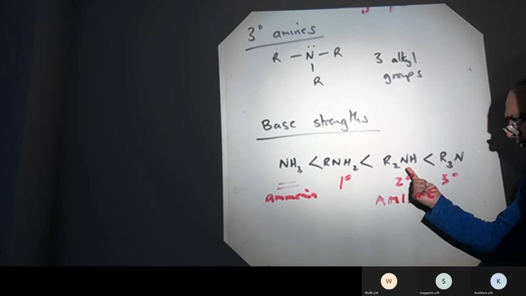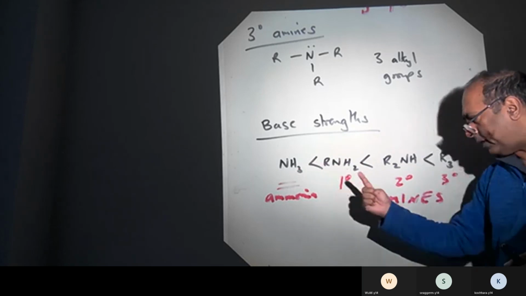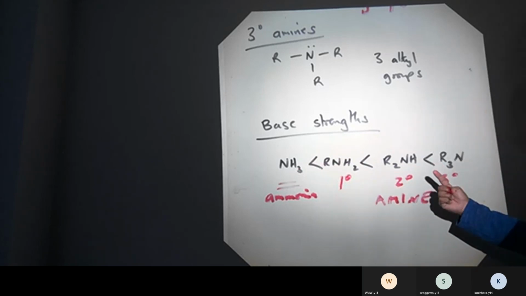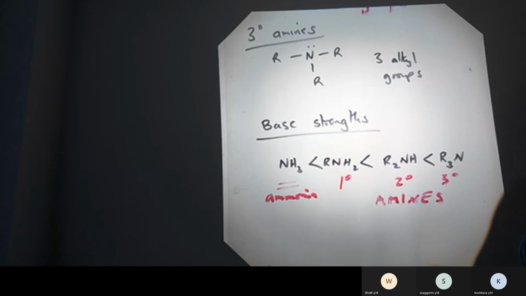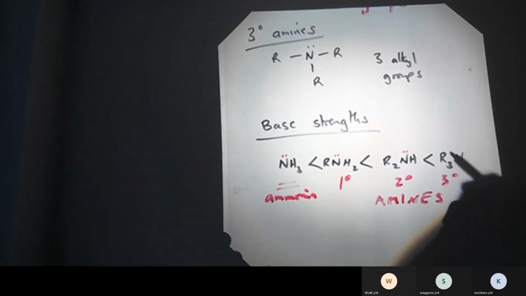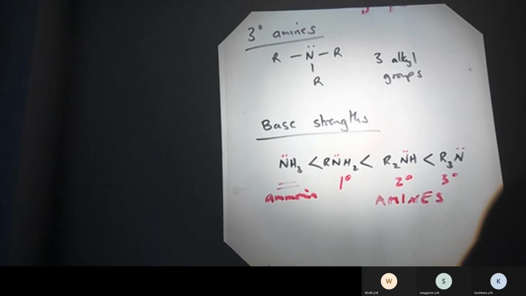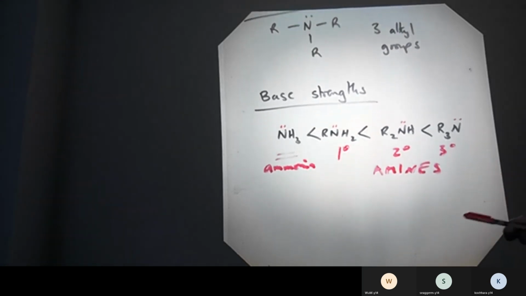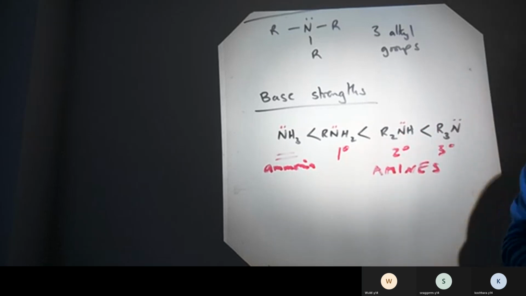Tertiary amines are better than secondary, secondary are better than primary, primary are better than ammonia. And it's all about the availability of that pair of electrons on the nitrogen. So I want you to learn that pattern.